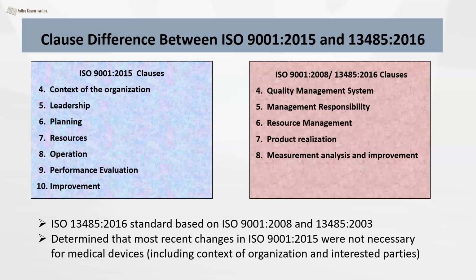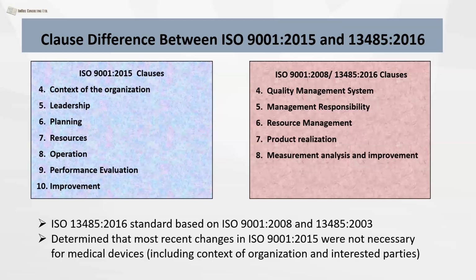Now it's interesting that the 13485 has adopted more of the older version of the ISO 9001, which went back to 2008. So it pretty much follows that structure, and it also pretty much follows the earlier version of 13485, which was dated back in 2003. So usually most of the ISOs followed the 9001 clauses, but 13485 does not.